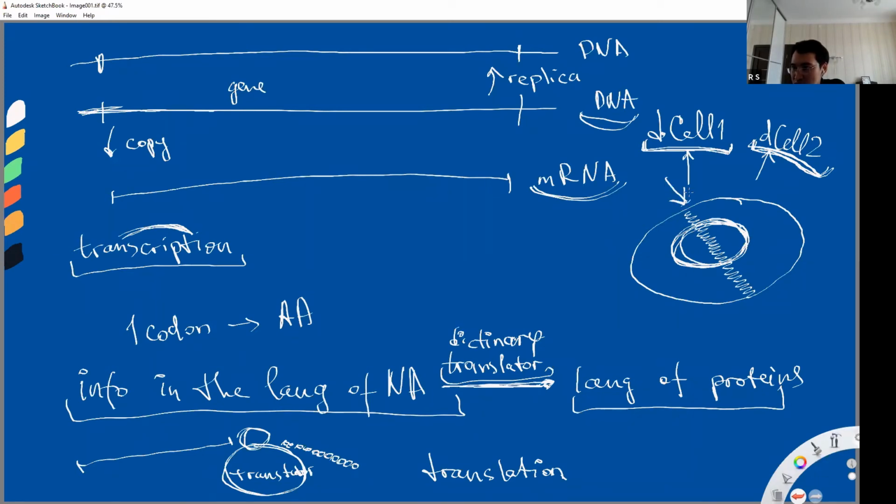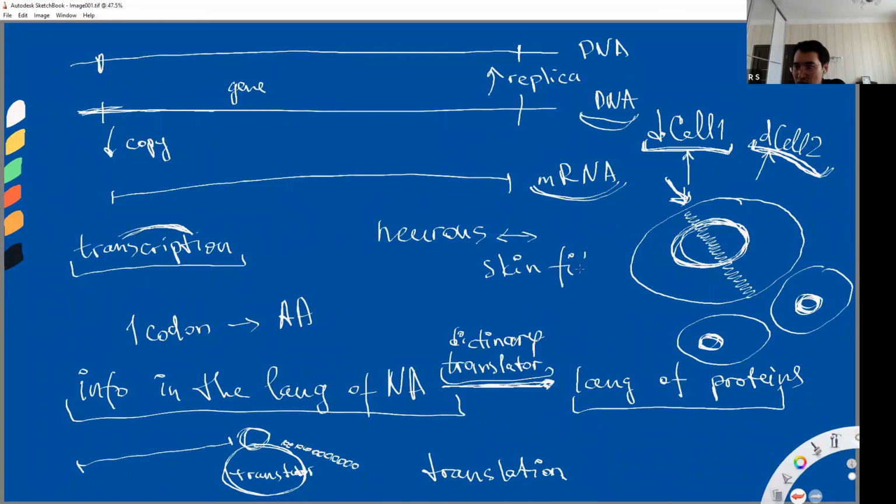So you will have two separate cells with the same amount of DNA, and this DNA is identical. And this happens in all organisms. So if you take your neurons, their DNA will be identical to your skin fibroblasts, for example. And this is the same DNA.